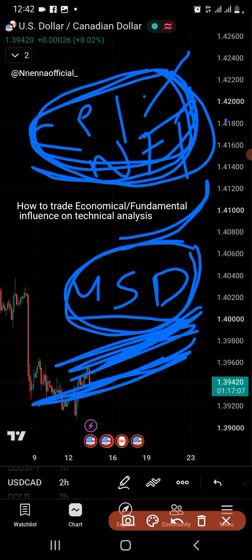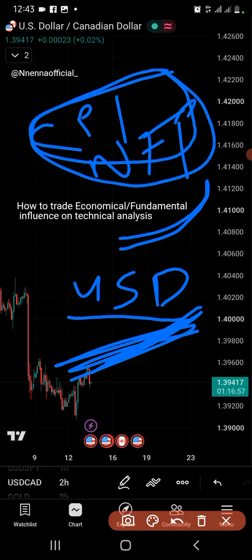And when you are buying a USD base pair, you will be selling the USD quote pairs. That is, for example, let me clean all this.